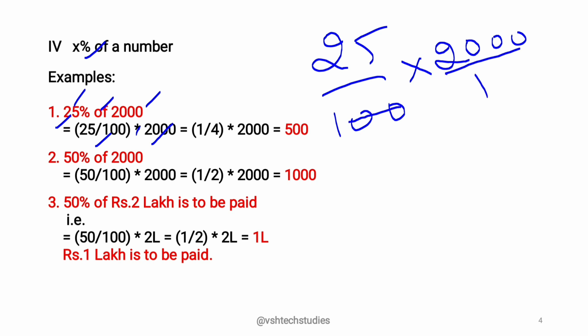Now these two are cancelled. 25 into 20 is 500. That is why 25% of 2000 is 500. This is how x percent of a number is calculated.